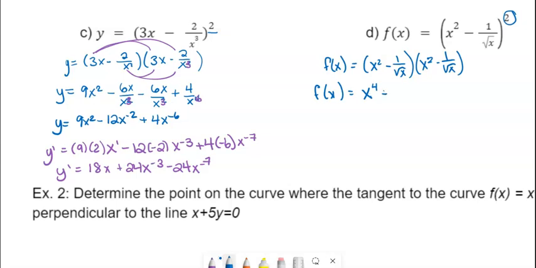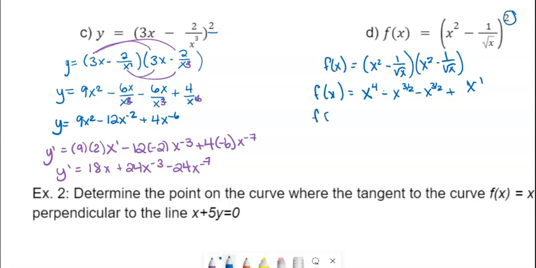I'm going to remember that this is actually negative 1/2 here, and I'm going to go x to the 3/2 because 2 minus a half is 1.5, and then x to the 3/2 again, and then plus 1 over x, or x to the negative 1. Let's go that way this time.